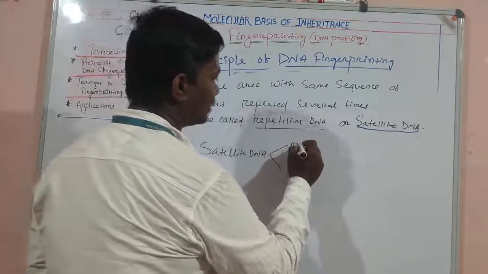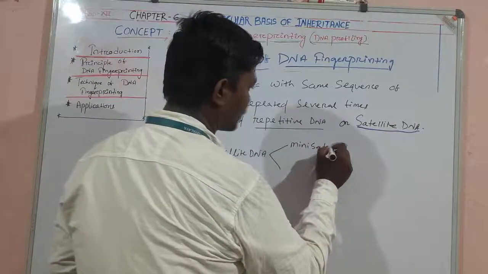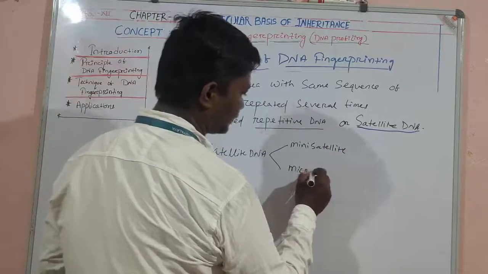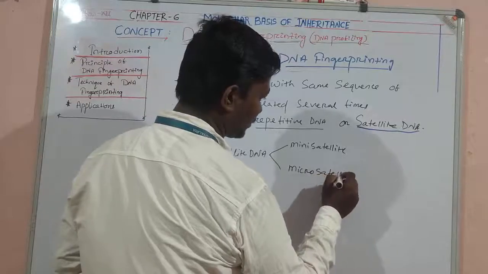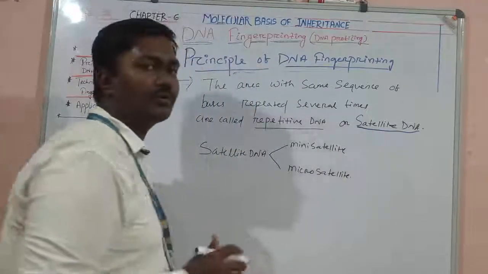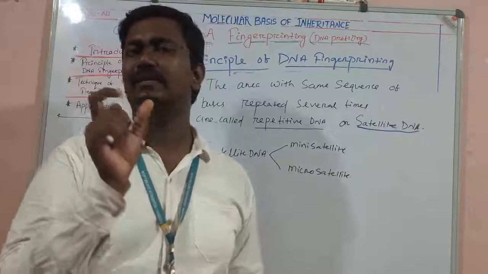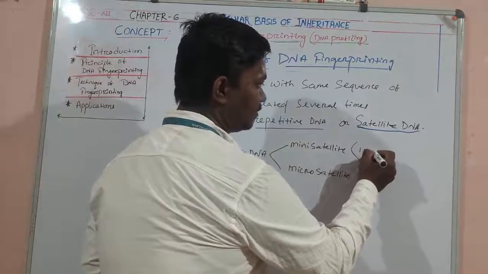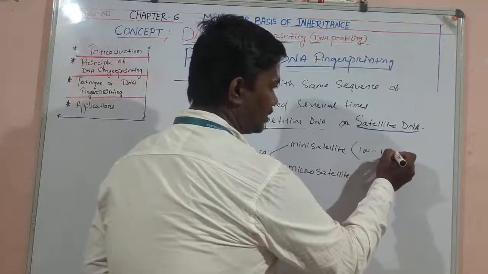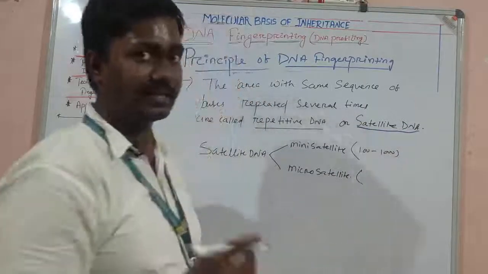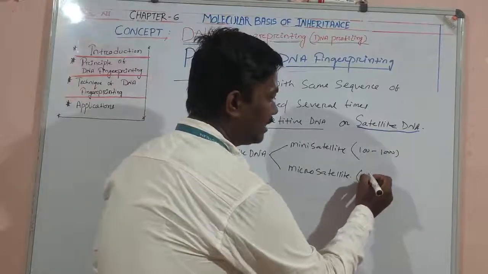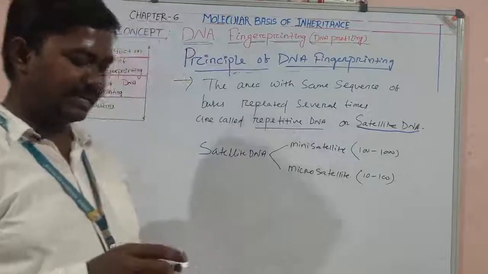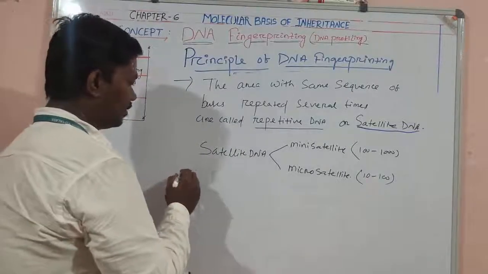One is minisatellite, another is microsatellite. In minisatellite, this number varies from 100 to 1000 times, whereas in microsatellite this number varies from 10 to 100 times. Got it? Satellite DNA shows polymorphism.